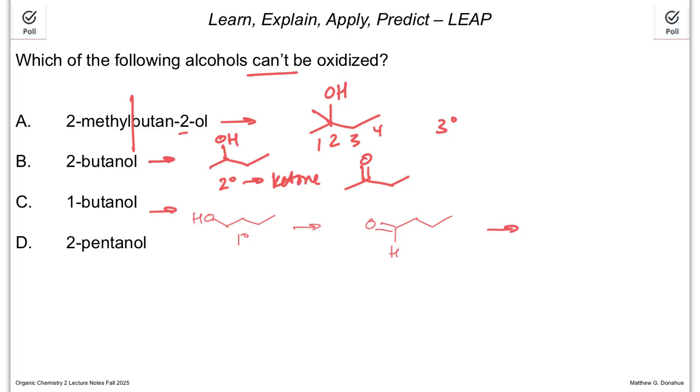So we have oxidation state 1, 2, and because there's still a hydrogen there, that can go up now to 3. And so that is the acid oxidation state. And then the last one, that was 2-pentanol, so that's secondary, so that has to become a ketone.